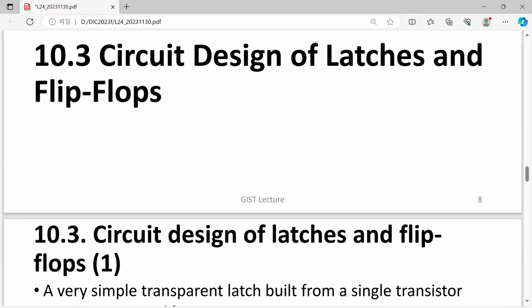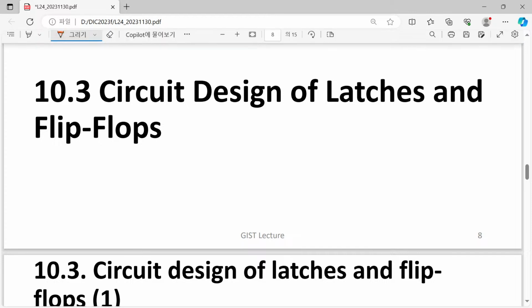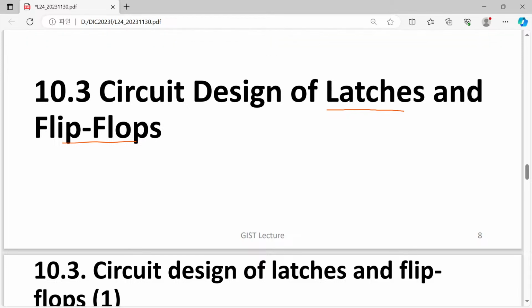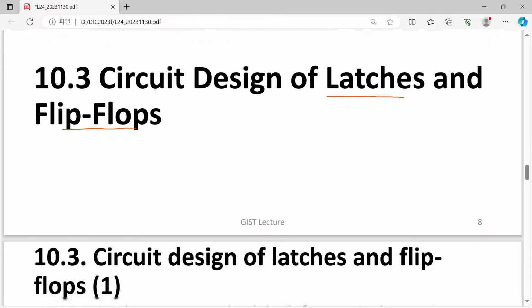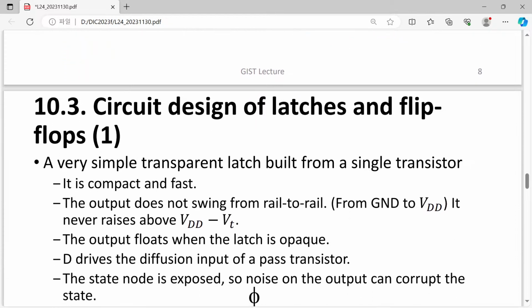Okay, so today's main lecture contents will be devoted to how we can implement these latches and flip-flops using our MOSFETs. Of course, if this course were more focused on design, then maybe the general design of a certain system would be the main topic.